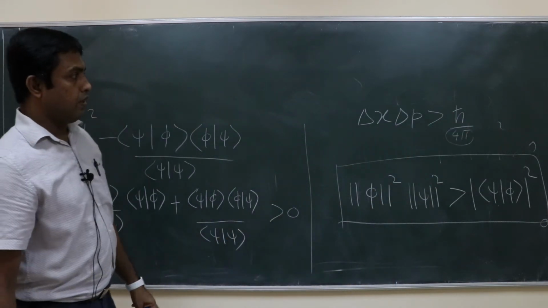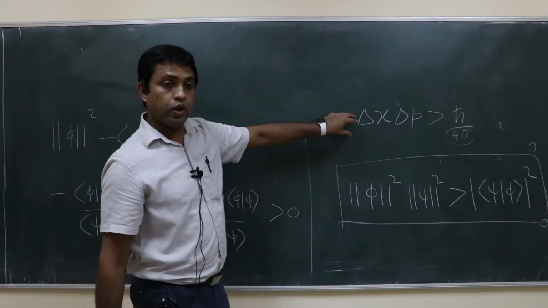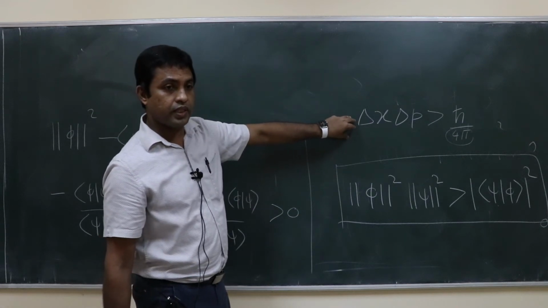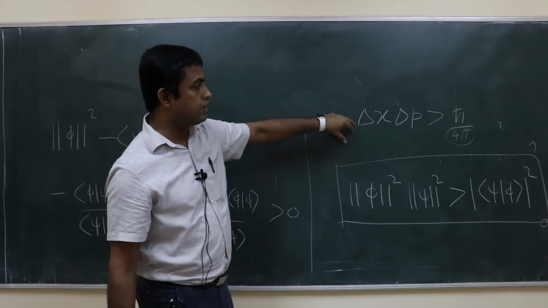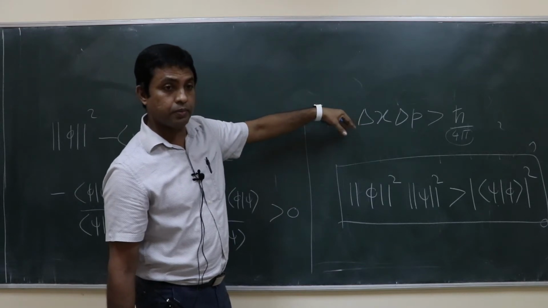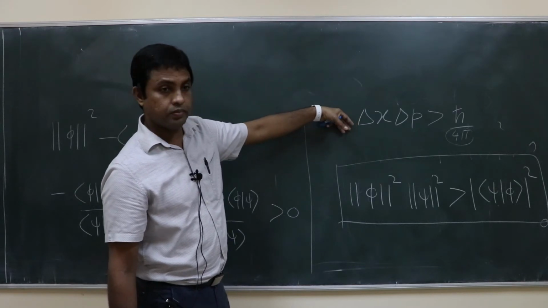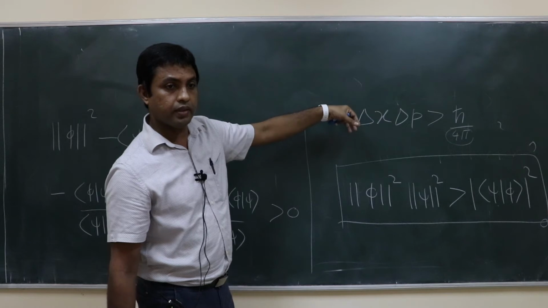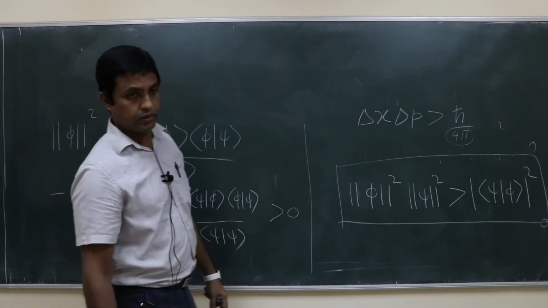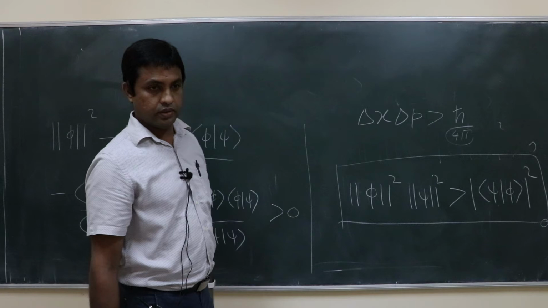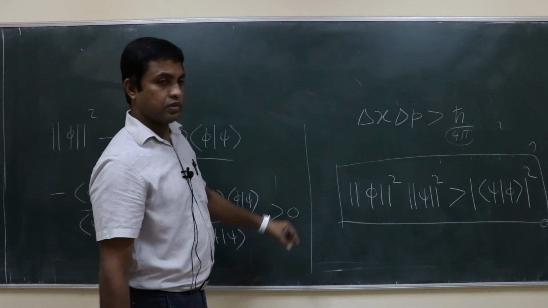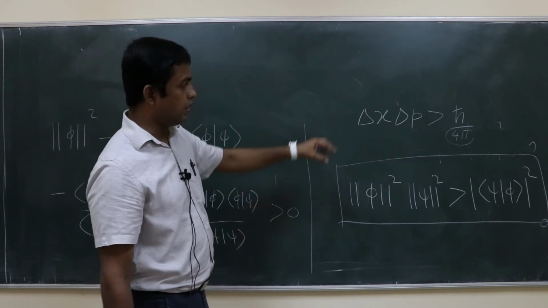Okay, so all of you know this because you are physics students. It is basically saying that you cannot measure the position and momentum of a particle simultaneously with infinite accuracy, because there is always an error in the measurement.